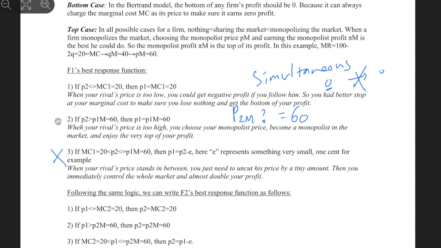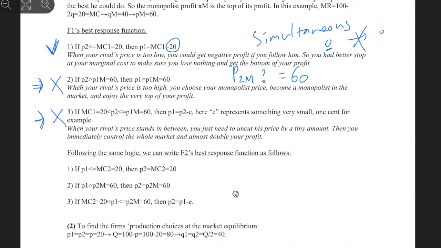So there is no way P2 is going to be greater than 60, right? So the only choice is charging the lowest price of $20 for each farm, right? Because of what? Because we can lose, right? So the safest option is to get nothing but not lose.